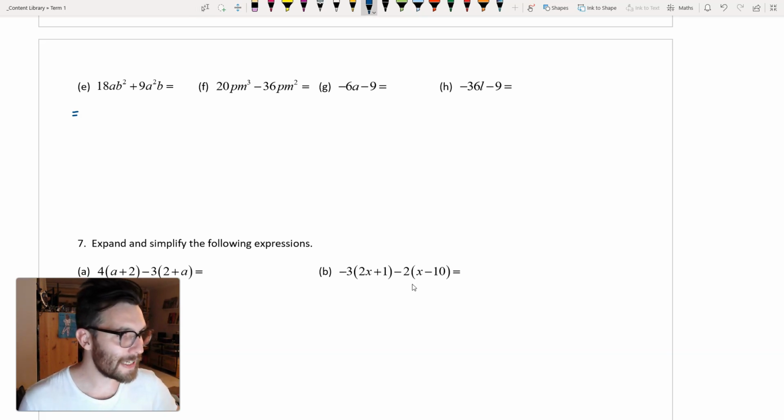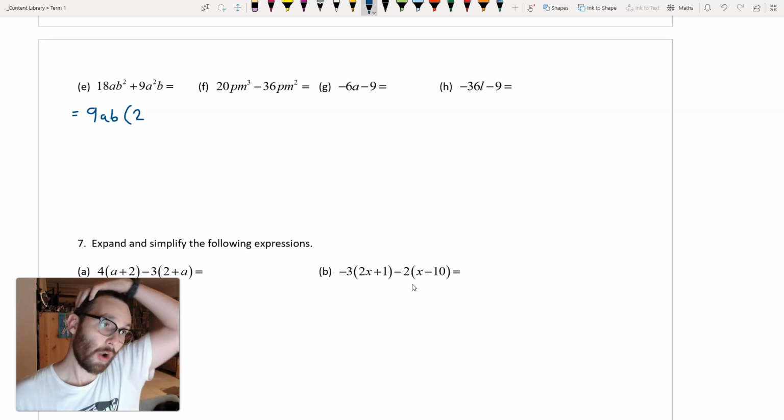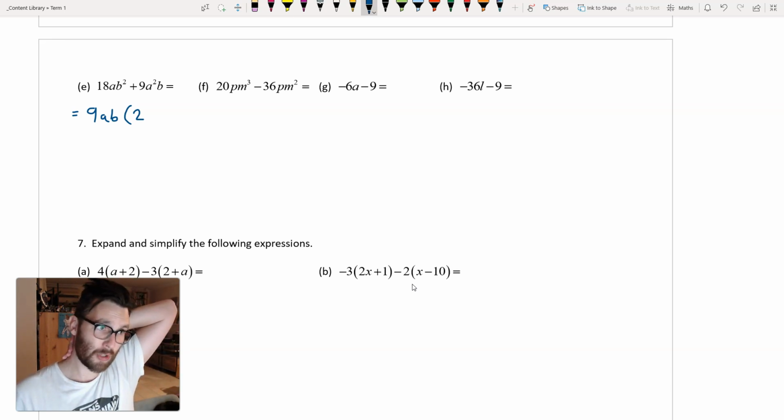Anyway, so for 18ab squared and 9a squared b, 9 fits into both of those, a fits into both of those as well, and then b fits into both of them also. So then to multiply to get to 18ab squared, we need to do 9 times 2, which is 18. We've already got a times a there, so now we just need another b to get us up to b squared.